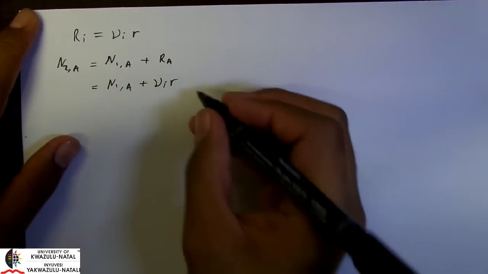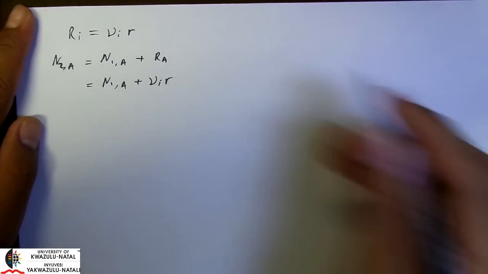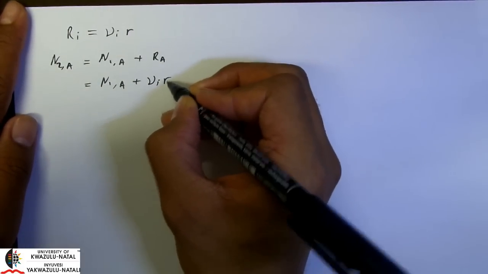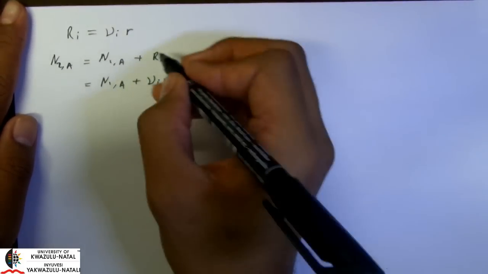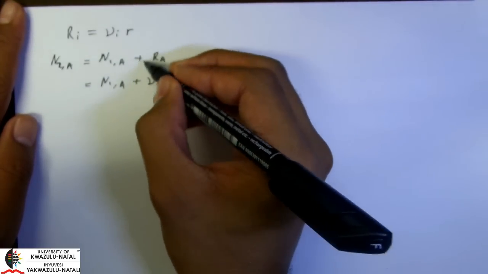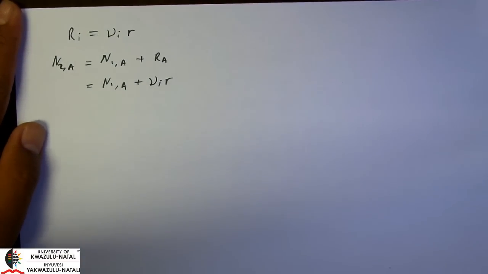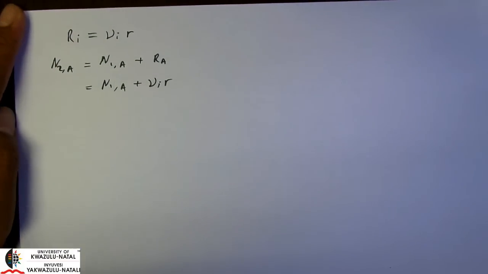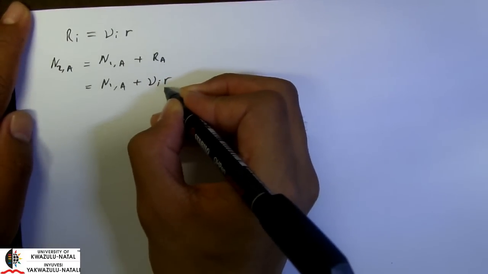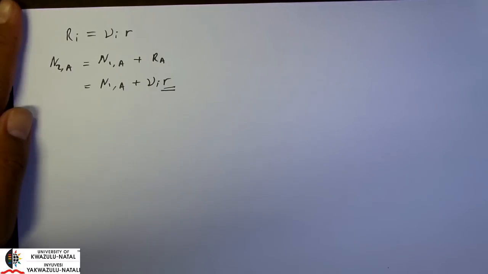Note that our overall reaction rate actually becomes an independent variable, because once we find our overall rate, small r, if we know the stoichiometry of the reaction, we can get every other production rate or consumption rate of all of our components. So a key issue becomes finding our overall reaction rate.